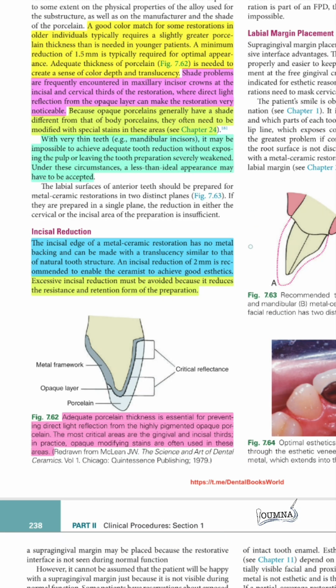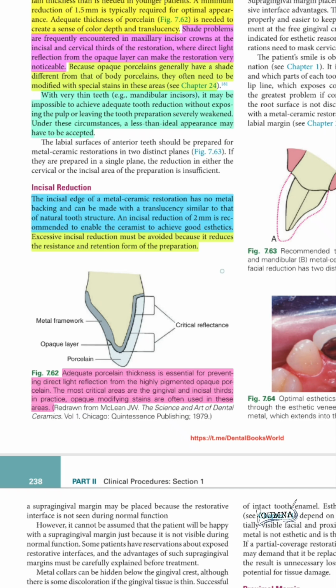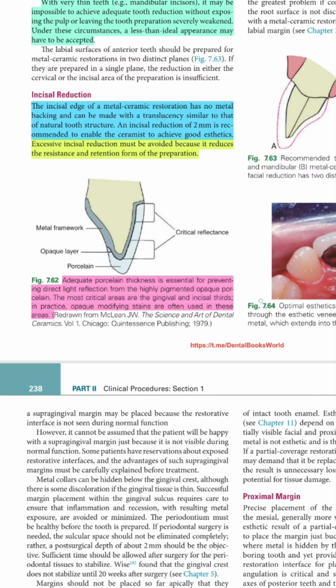As for the incisal reduction, 2 millimeters is recommended to enable the ceramist to achieve good aesthetics, with caution to not do an excessive reduction of the incisal surface to prevent the reduction of the resistance and the retentive form of the preparation.